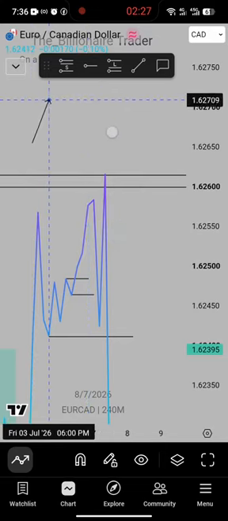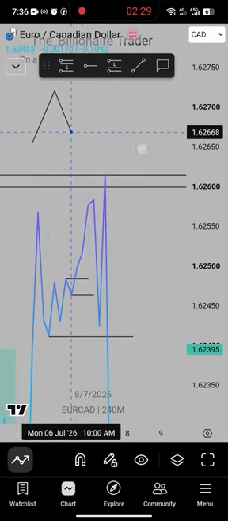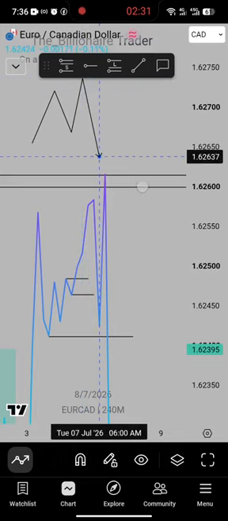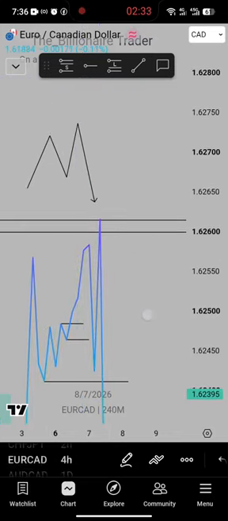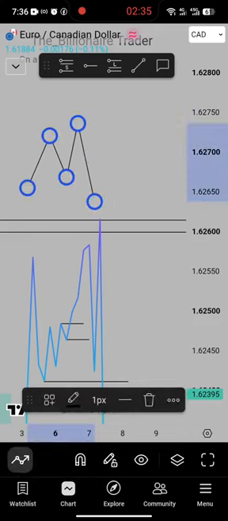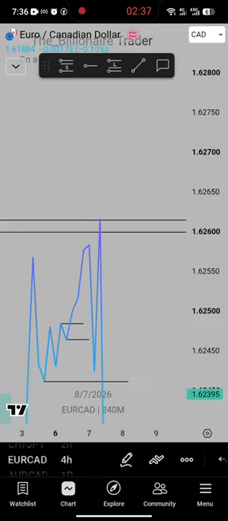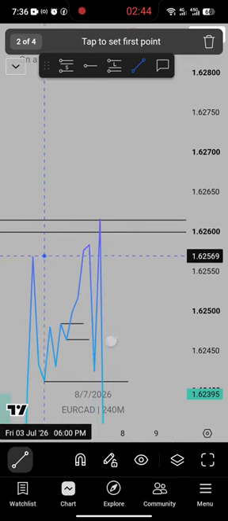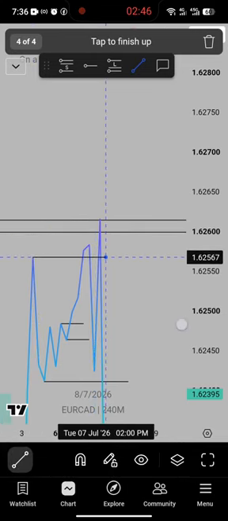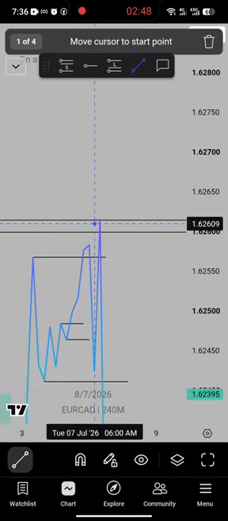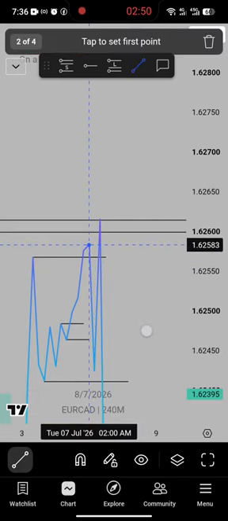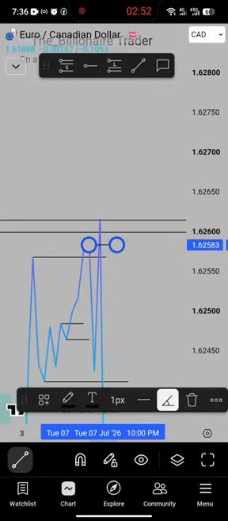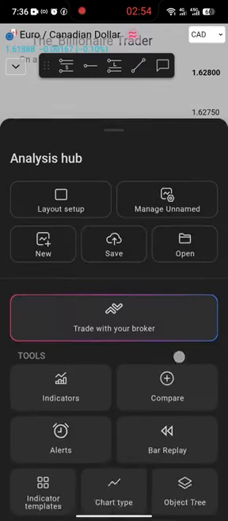I want to see something like this: sweep of this high and a break on the 4 hours time frame. So once we have this on the 4 hours time frame, then that means the bias is already confirmed. In this case, you can use maybe the shoulder or the extreme key level or any entry model you want to use, but you are rest assured that this is a high probability setup.